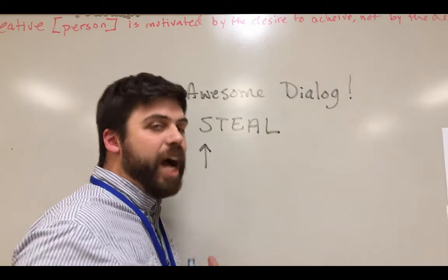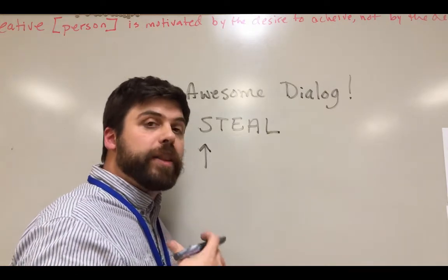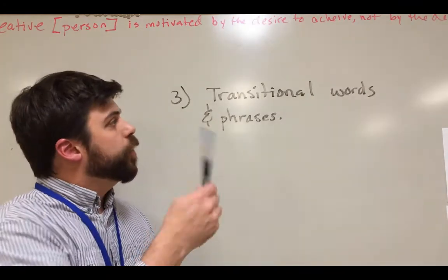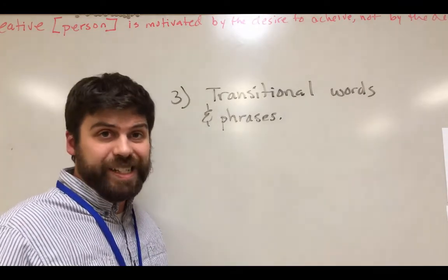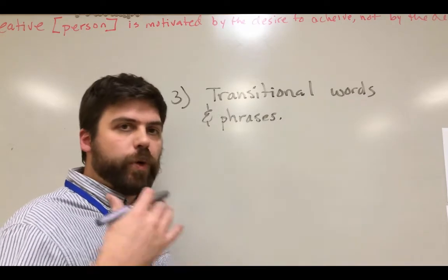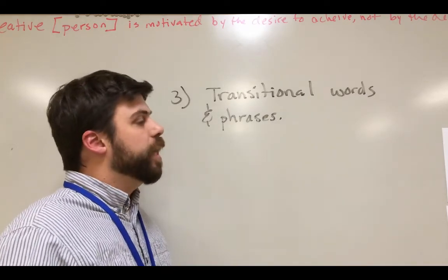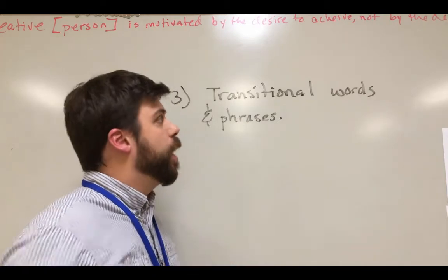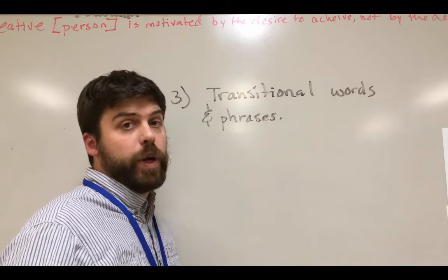So if their dialogue, their speech can show that about them, then you know you've done a good job. Third standard is that your story uses transitional words and phrases. What transitional words and phrases do, they're kind of like signposts for your reader or listener of your story to kind of keep track of where you are in the progress of your story. We'll talk about those a little bit more in detail as we go along.